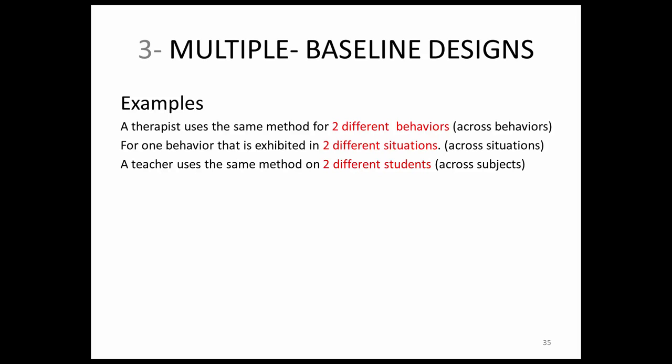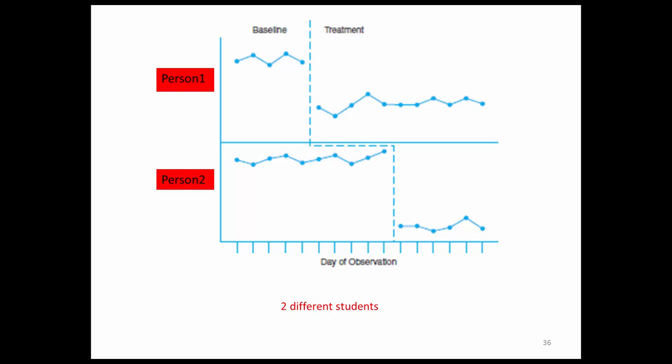How it works, let me show you some examples. Here we are using two participants, person 1 and person 2. In order to make sure that your treatment is working, you start with your baseline. So for a few days you observe student 1, and then on say day 5 or 6 you start your treatment, and you see the behavior goes down.